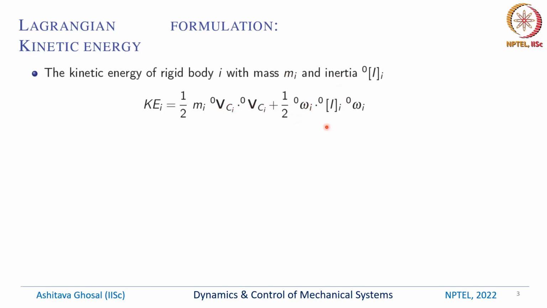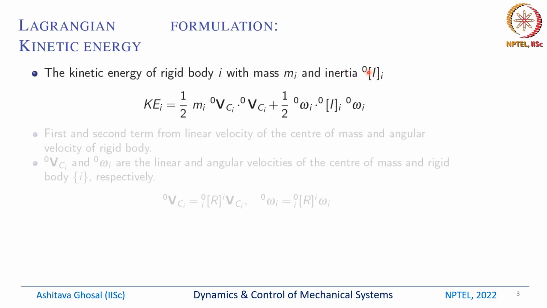Likewise, in the second term we find the angular velocity of link i, or rigid body i, and then we multiply with the inertia matrix, so I into omega_i, and then we take the dot product of this with omega_i. So this is the expression for the kinetic energy of a rigid body i with mass m_i and inertia I with respect to a zero or a fixed coordinate system.